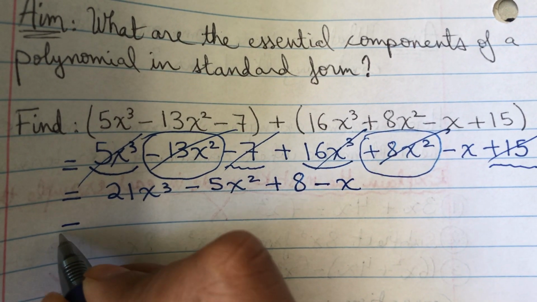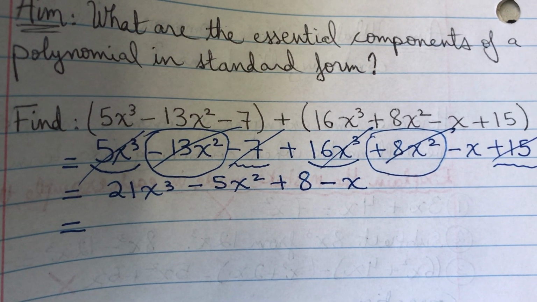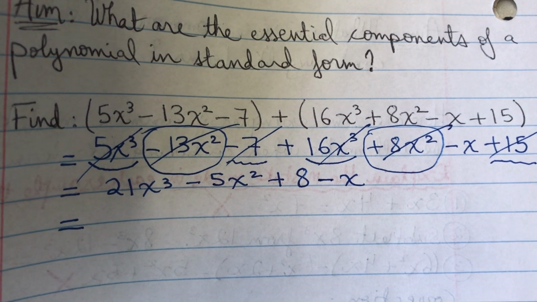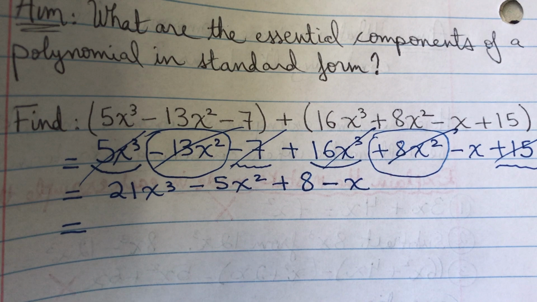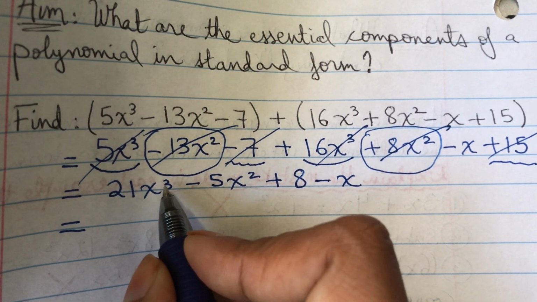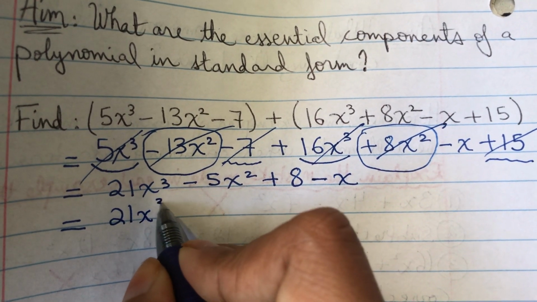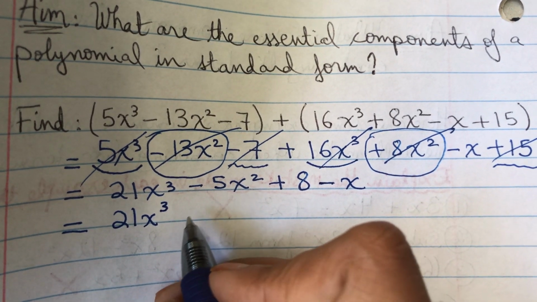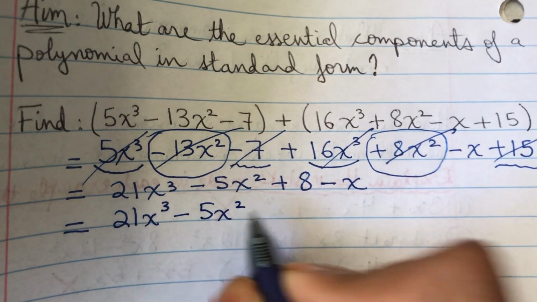However, you need to express this in standard form. And standard form is all about rewriting your function, arranging it by degree in descending numerical order. What does that mean? Here the highest degree is 3, so we leave the 21x cubed as the first term, followed by x squared, the second highest degree, so that is going to be our second term.